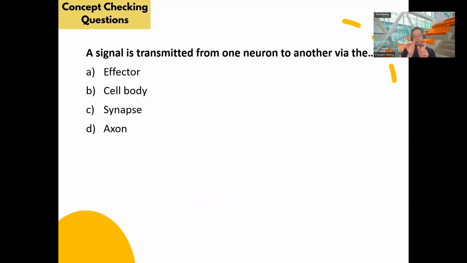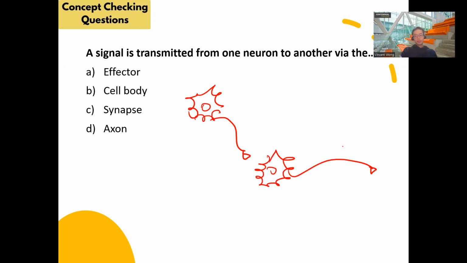What do we call that location when you are jumping from one neuron to another neuron? Not how the signal is passed down the neuron, but how does it go from one neuron to another neuron? What do we call that location?